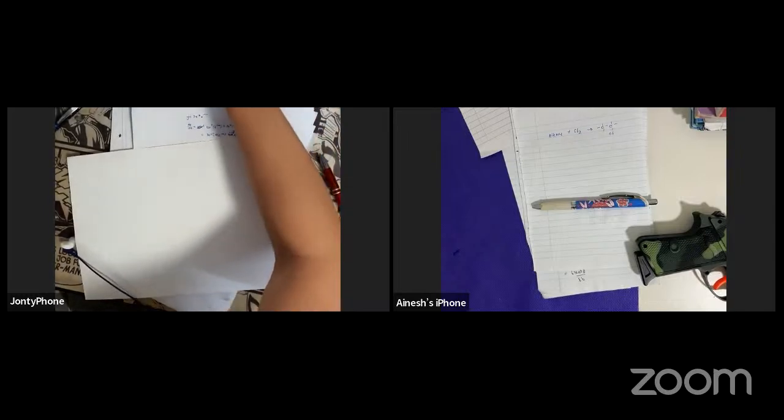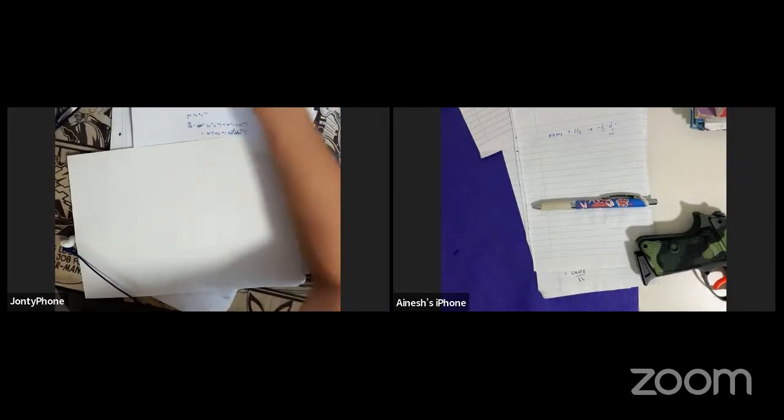Substitution, I mean swapping. One product missing. Also one product missing, so address that Ainesh. Also good, plus one more.